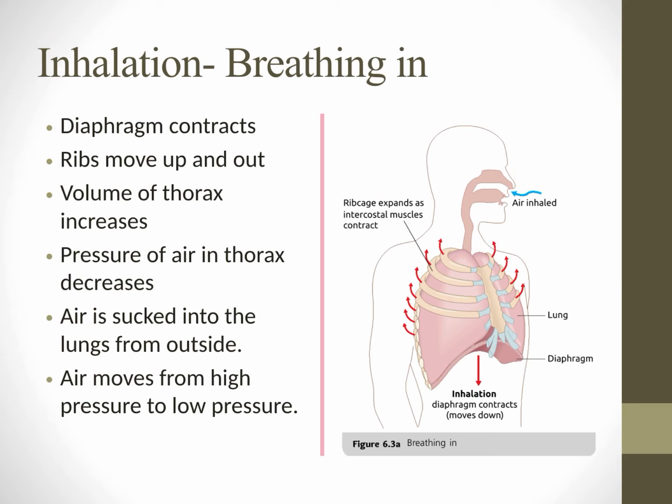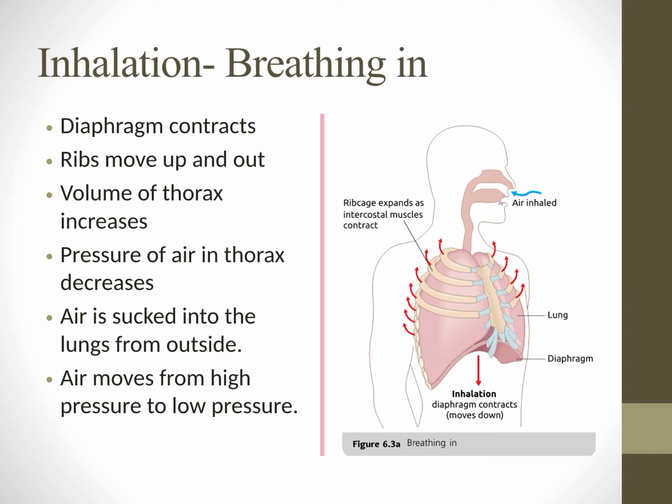And then there's lower pressure inside in your thorax or in your lungs. So what happens is that air is sucked in from outside, because air will always try to move from high to low. So air flows in from higher pressure outside to lower pressure within your lungs. Okay, so just to run through that again, because that might be a bit difficult. When you take a deep breath in, your ribs are moving up and out.